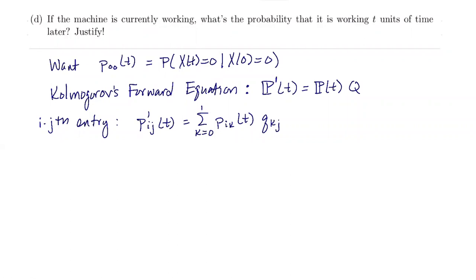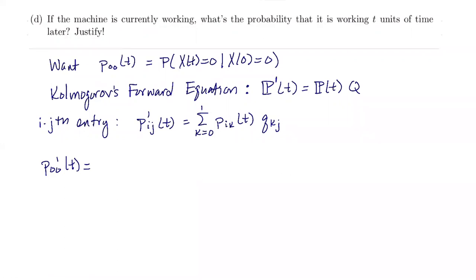I care about it for a specific i and j, so let me go ahead and write that in. So P00 prime of t, so my i is 0 and my j is 0 and my k is going to run over 0 and 1.